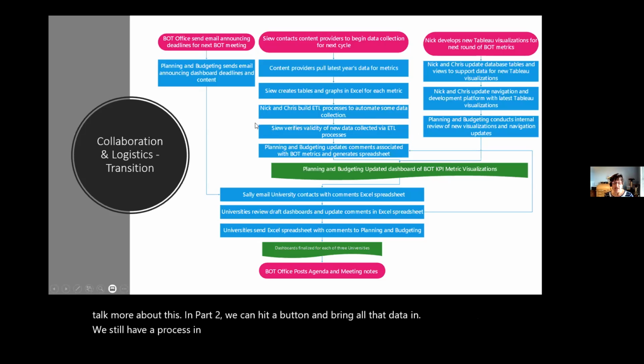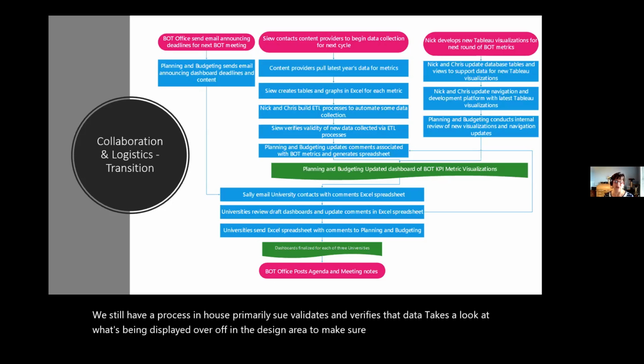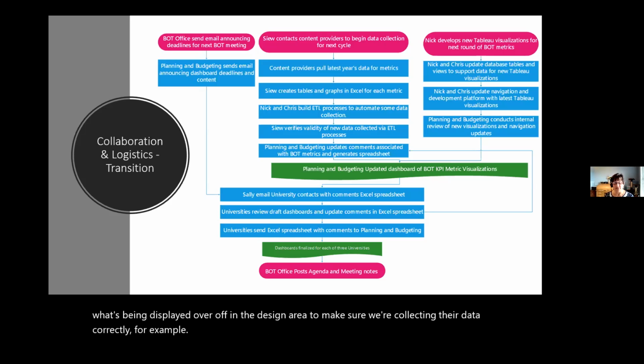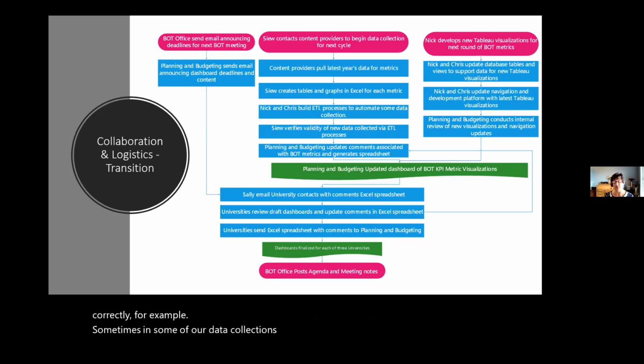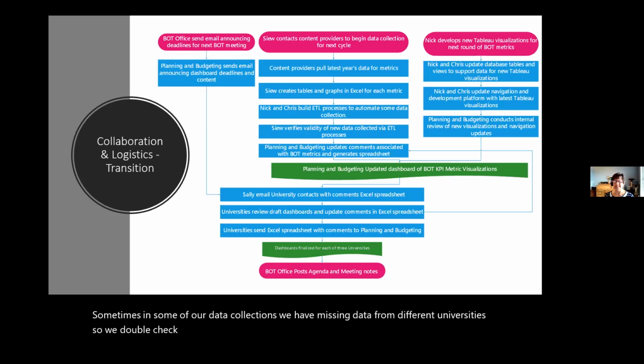We still have a process in-house where Sue primarily validates and verifies that data, takes a look at what's being displayed in the design area to make sure we're collecting the data correctly. For example, sometimes in our data collections we had missing data from different universities. So we double check that the medians make sense and we're calculating everything correctly.